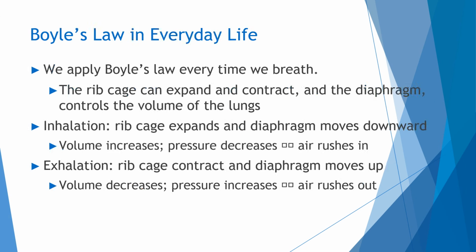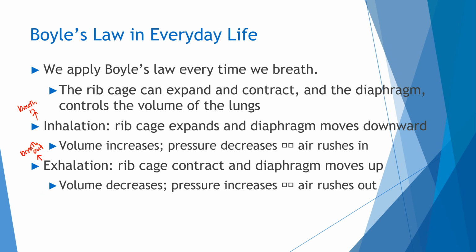Now we actually apply Boyle's law every time we breathe. The way that we do this is the rib cage can expand and contract, and the diaphragm is what's going to control the volume within your lungs. When we inhale, which we know as breathing in, and then exhale, which is breathing out, what actually happens during these two stages?